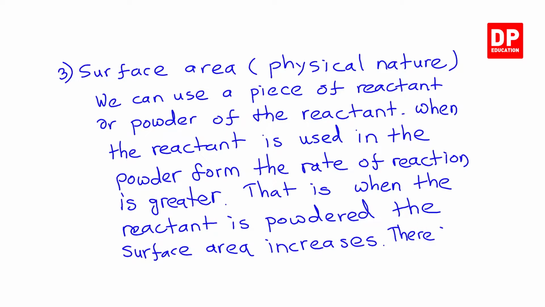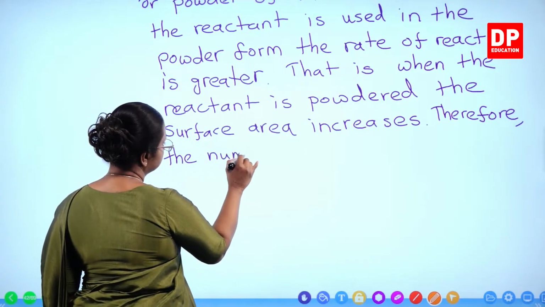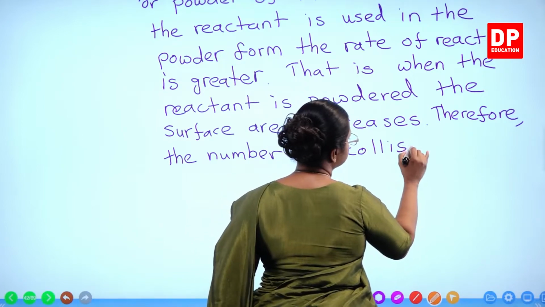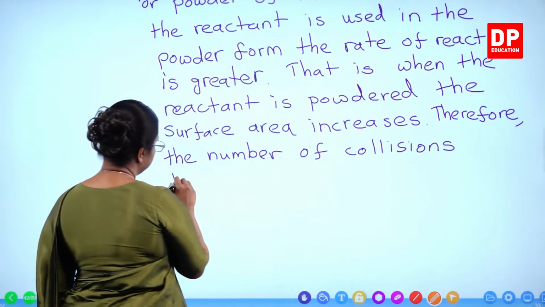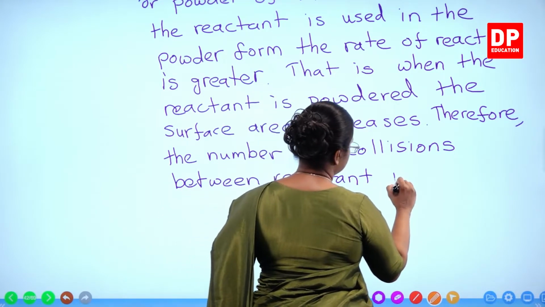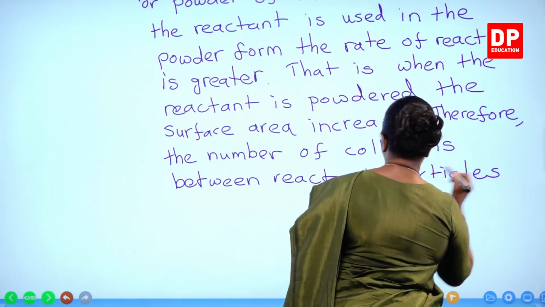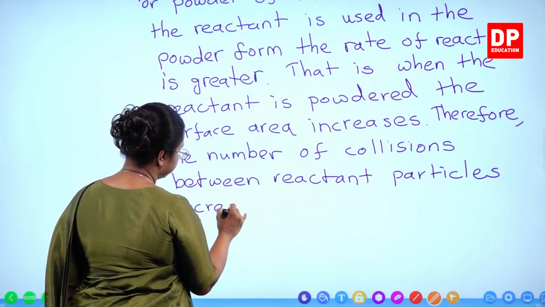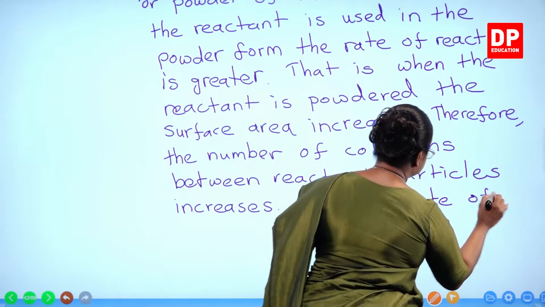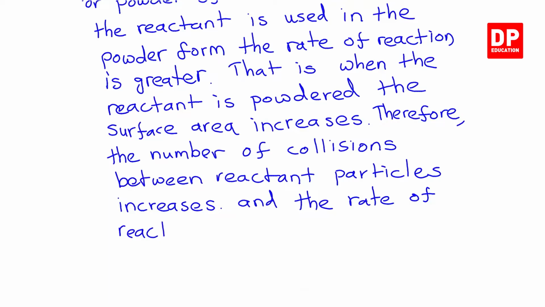Therefore, the number of collisions between reactant particles increases, and the rate of reaction increases. So that is the explanation there.